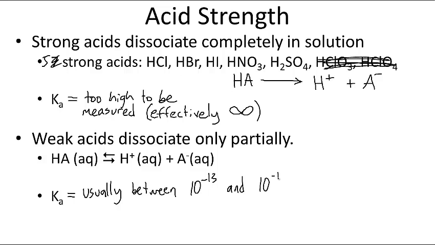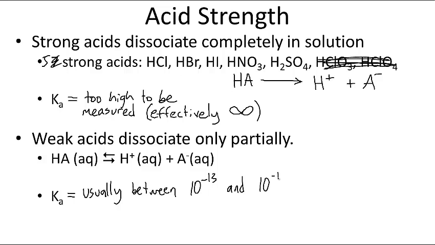So there is a bit of a problem in our language when the only things we'll call strong are the ones that are infinitely strong, and then everything else is called weak. But we have this really wide range of how weak they are.